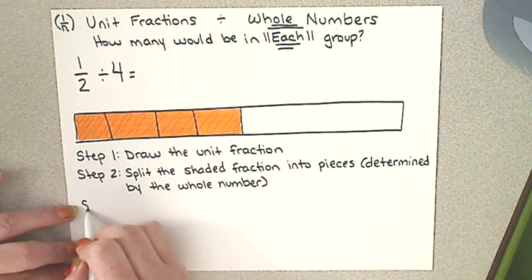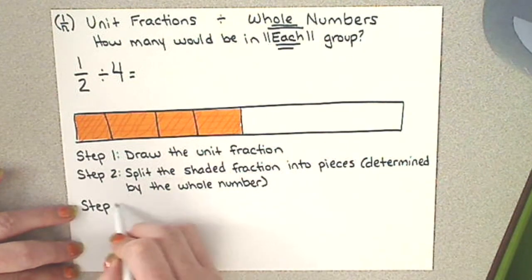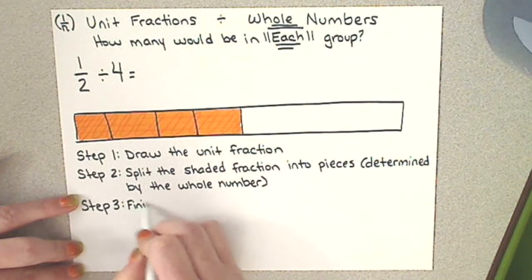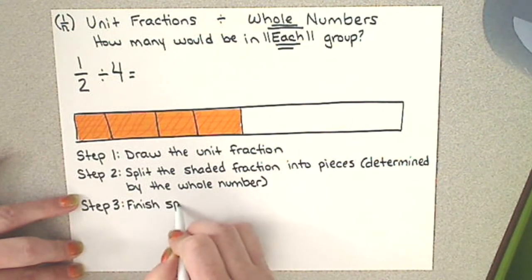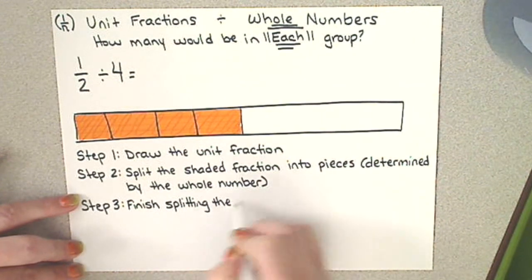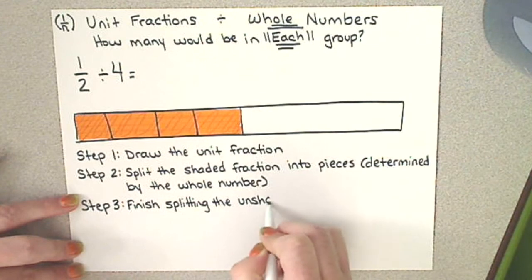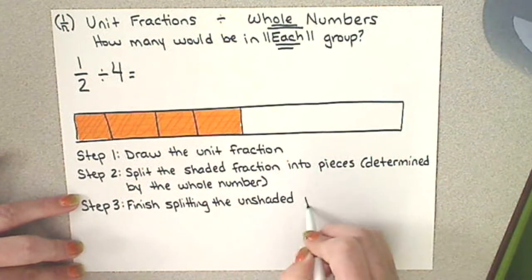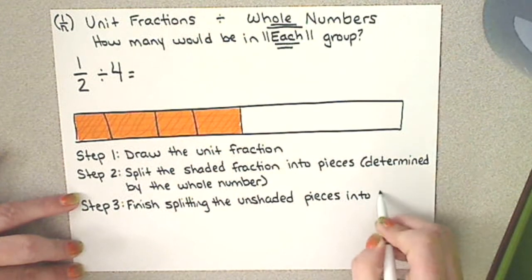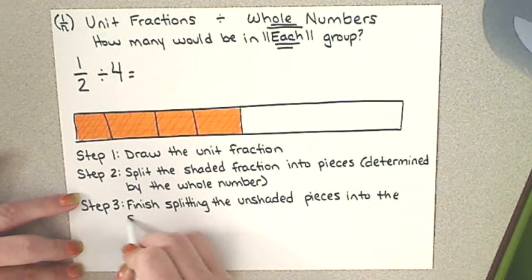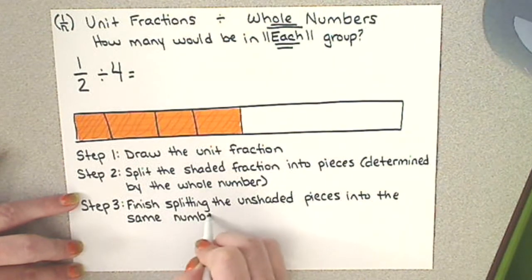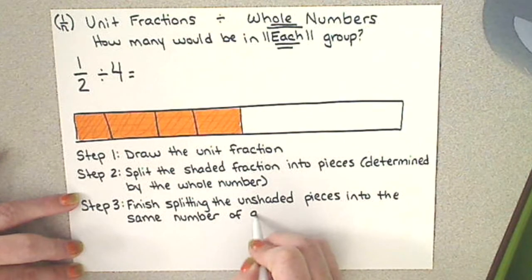Step 3, finish splitting the unshaded pieces into the same number of groups.